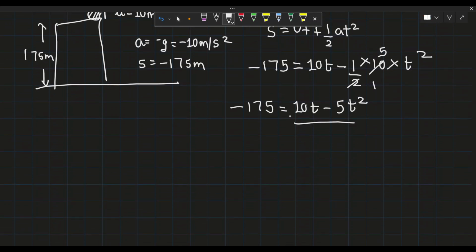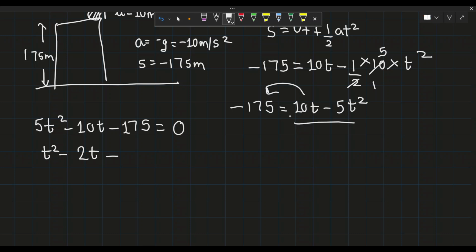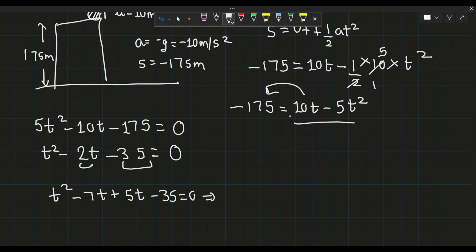We'll take this over here. So 5t square minus 10t minus 175 equals 0. Dividing this by 5, t square minus 2t minus 35 equals 0. We'll have to take two factors whose multiplication would be 35 and the difference of 2. We have 7 and 5 over here. So t square minus 7t plus 5t minus 35 equals 0.